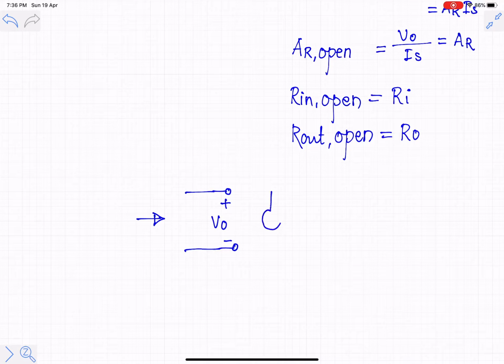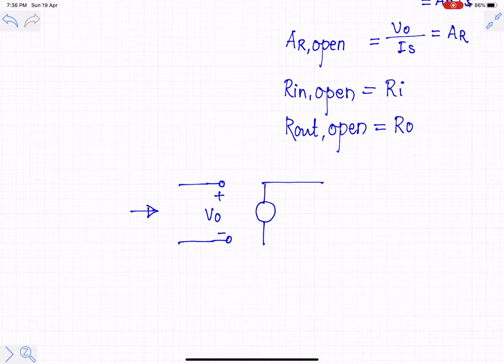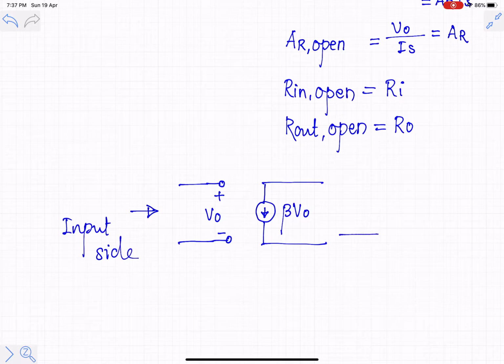On the output side, the quantity is current. So this current is given by beta into Vo. This is the output side of the feedback network. So generally it is shown as a short circuit, and the current that flows through this is If.